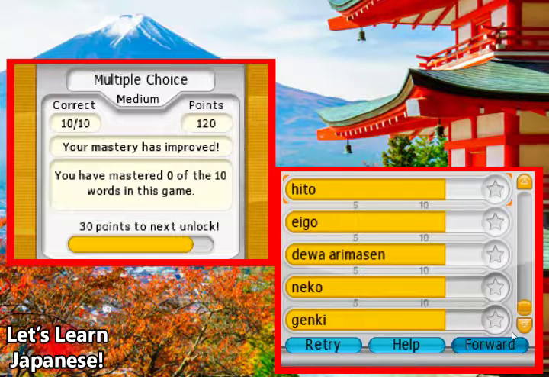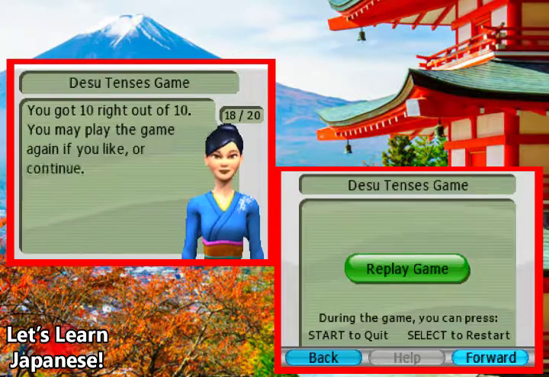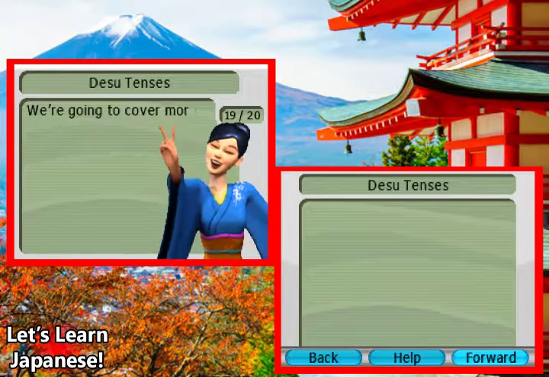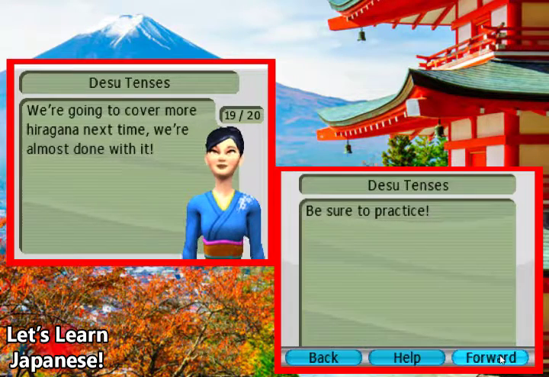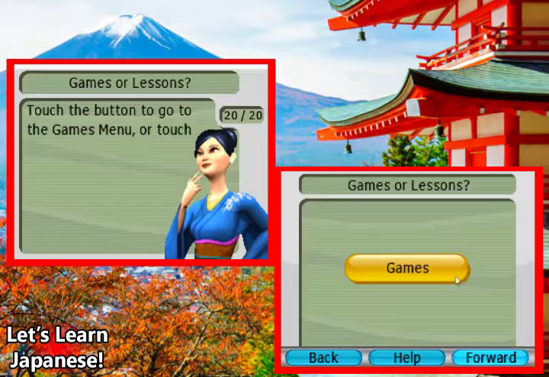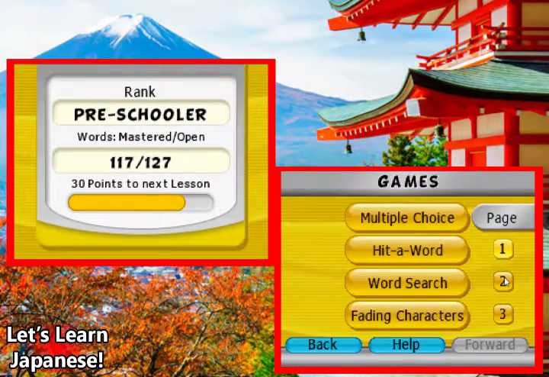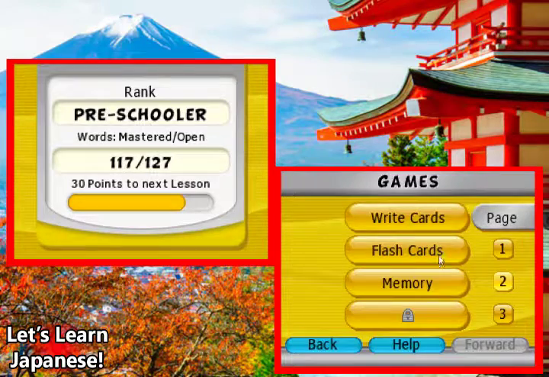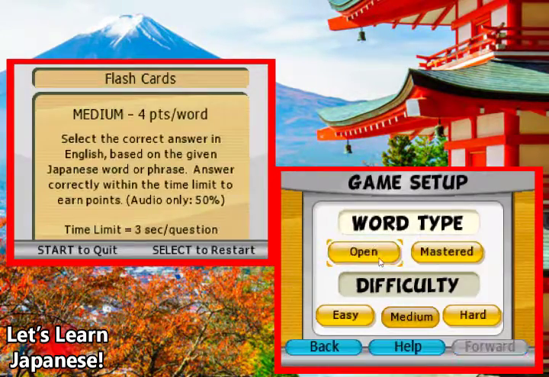Okay, we only need to do that once more in order to complete the lessons. Or unlock the next lesson, I guess. Okay, so more hiragana in the next lesson. We will be sure to practice. But we really need to memorize these. I think we have flashcards too. I'm going to try playing flashcards for our open words.